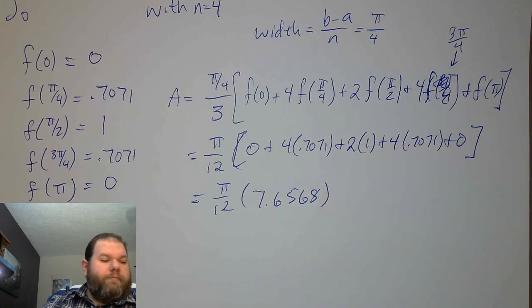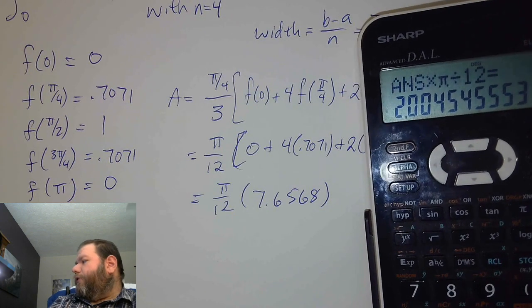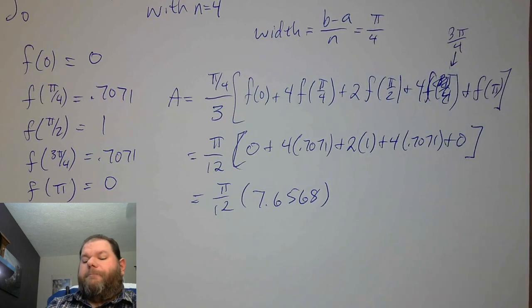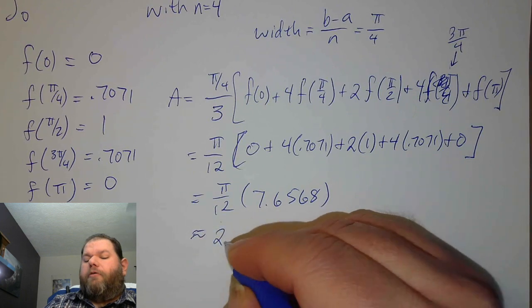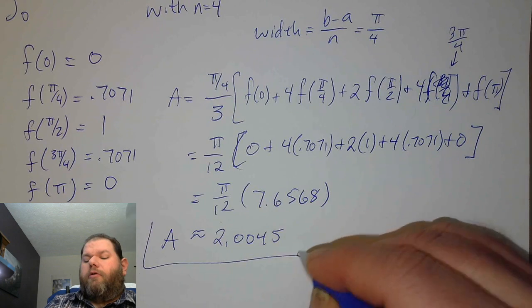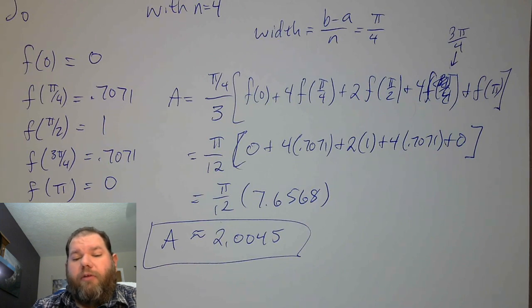We get 7.6568. And when we multiply that by pi over 12, we get 2.0045. So what ended up happening here is that we slightly overestimated the area where the trapezoid rule was a little bit below.